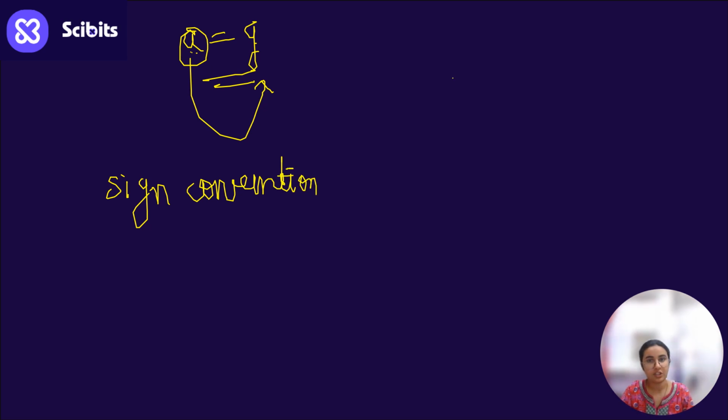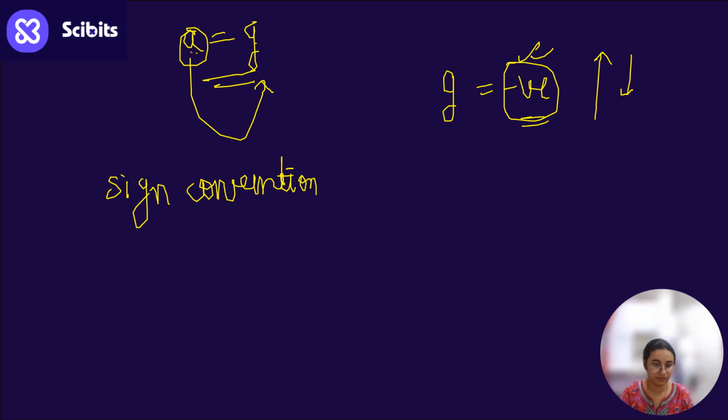So g is always taken as negative. Whether the object is moving upwards or downwards, you just have to take it negative because it's constant. And for velocity, if the object is moving upwards, then it will be taken as positive, and if the object is moving downwards, then it's taken as negative.